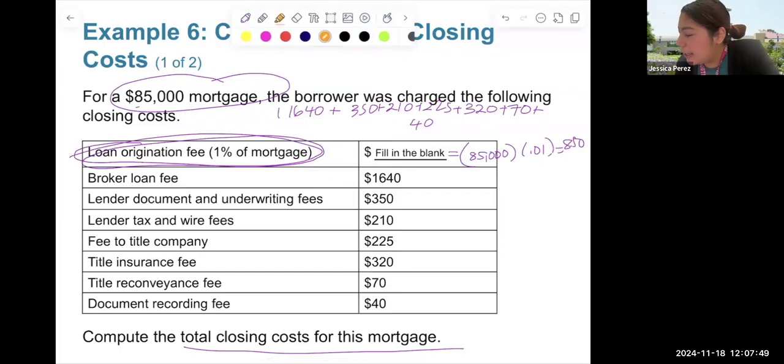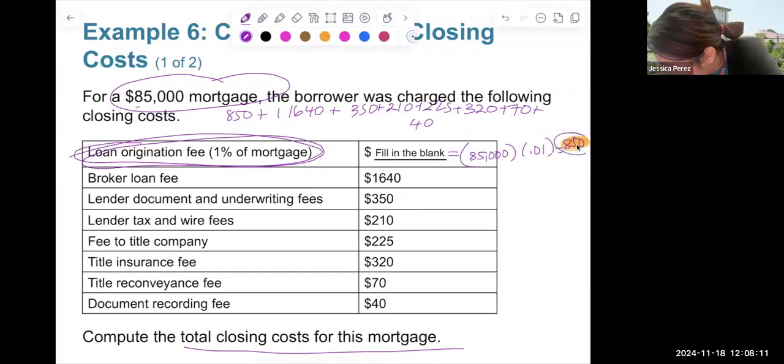Now that's what I have to add here. This is plus 850, not 85,000, sorry. So it's 850 plus 1,100. So the loan origination fee is 1% of the mortgage. So I have to fill in the blank right there: 85,000 times 0.01. That gives me 850.